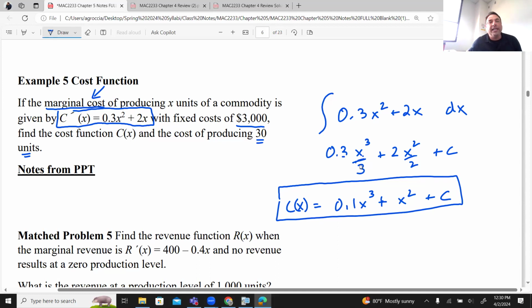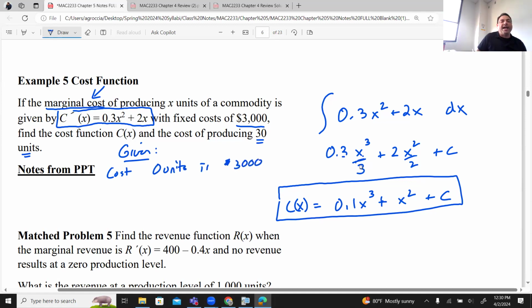Is it plus $1? Is it plus $1,000? Is it plus $10,000? Is it minus 5,000? You didn't give me a complete function because of the plus C. So you have to be given something in the problem. And you're actually given that the cost of 0 units is $3,000.